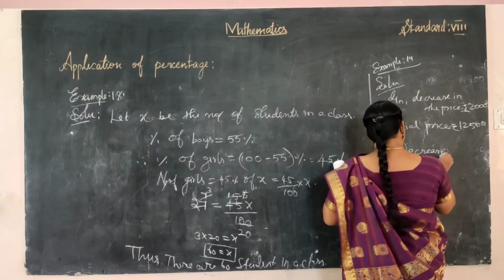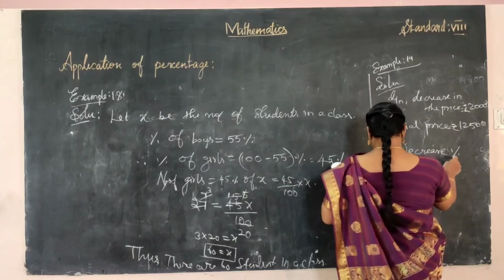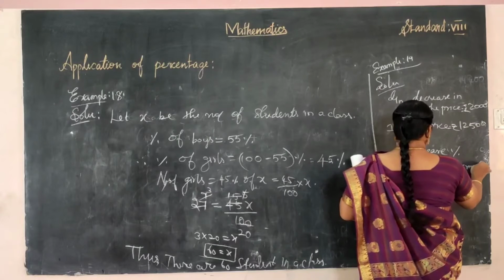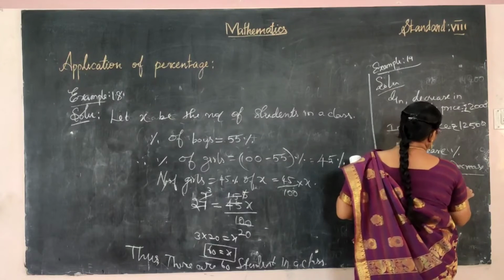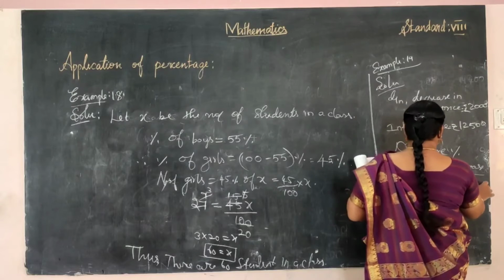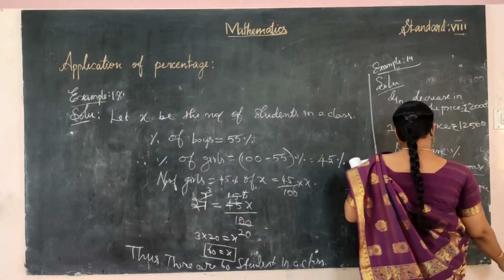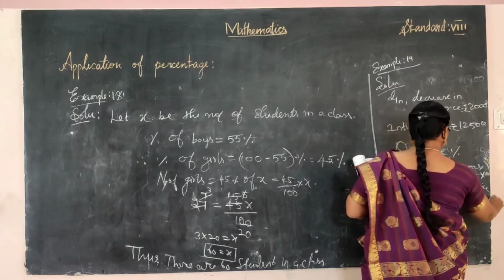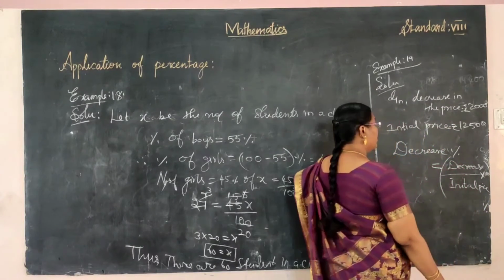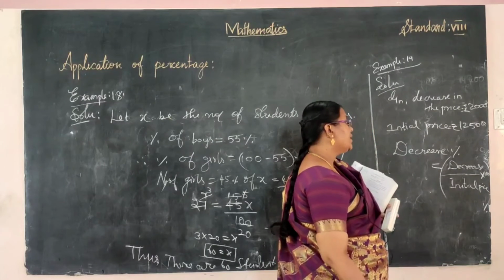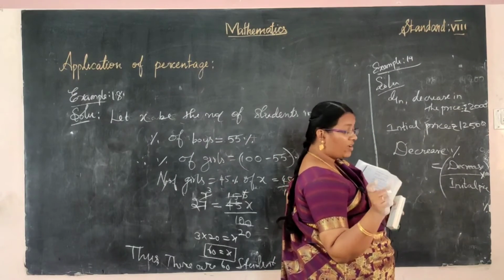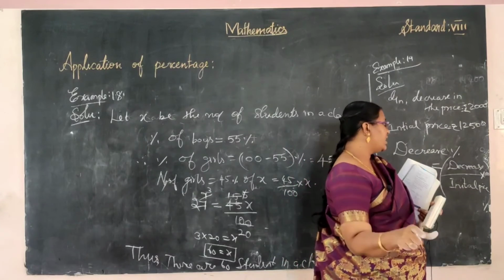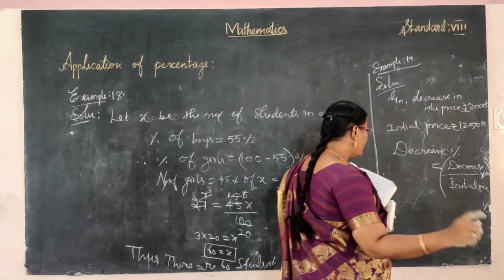So decrease percentage is equal to, that is a formula, decrease value by initial price into 100 percentage. What is the formula? Decreasing value by the initial price, what was there first, into 100 percentage.